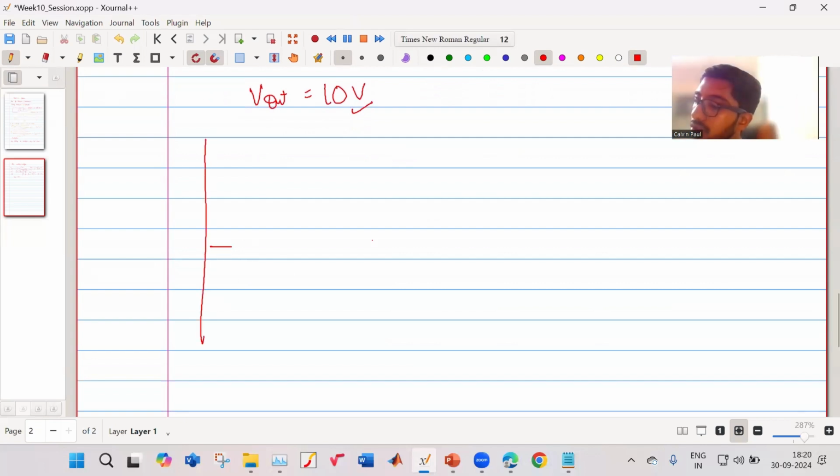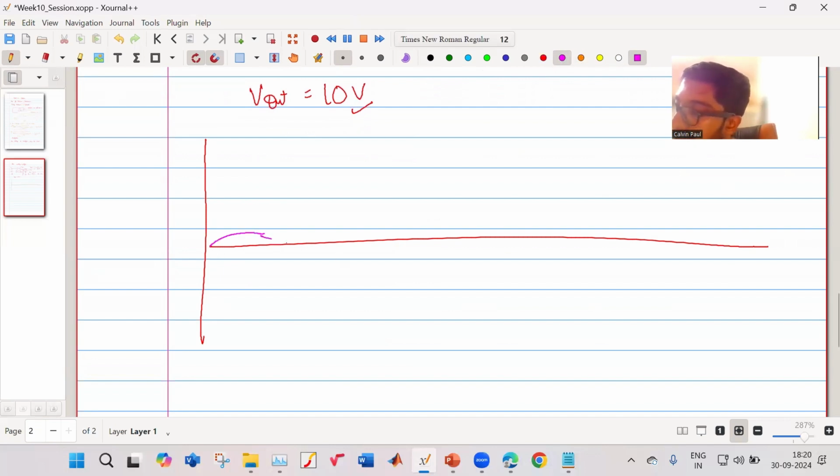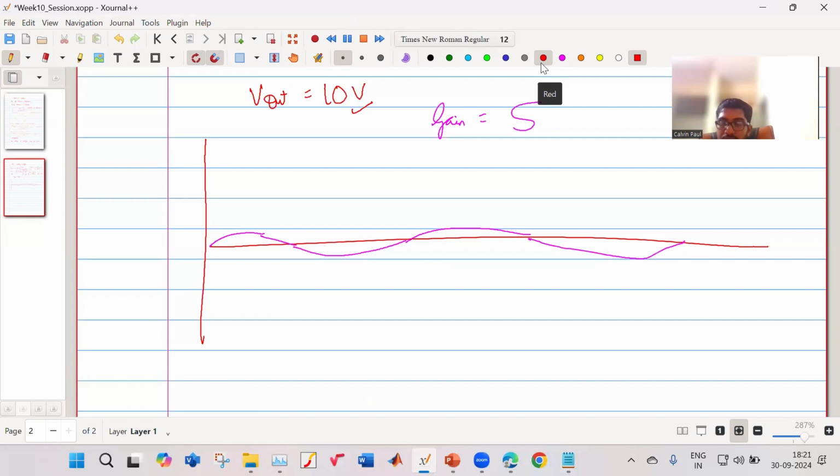So suppose, let us say my input signal was something like this. And the gain of my amplifier was, let us say, 5. So how will my output signal look like? Five times, sir.